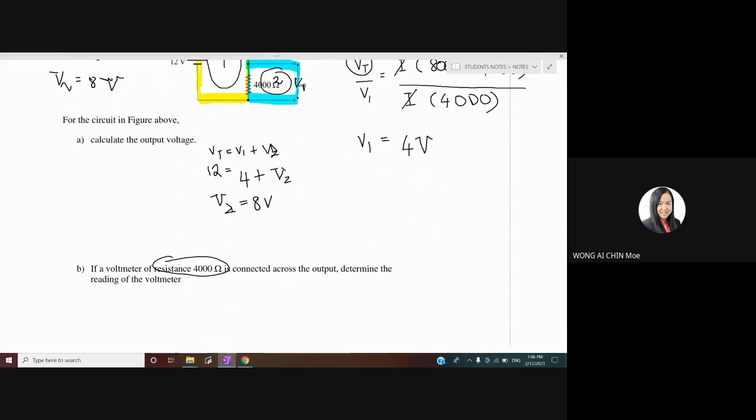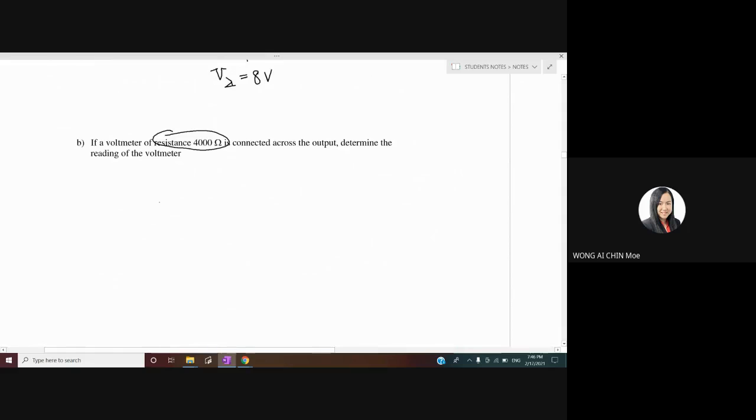So this is your voltmeter, and this voltmeter has a resistor of 4,000 ohm connected across the output.